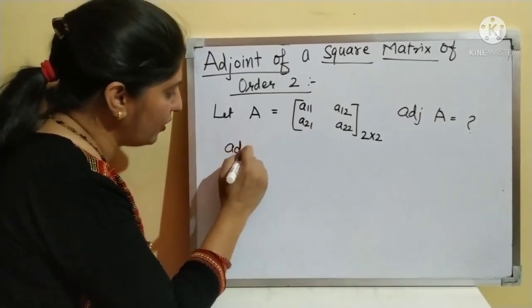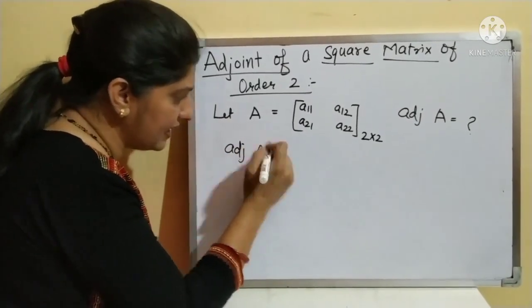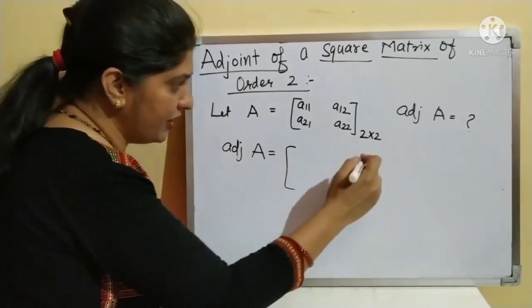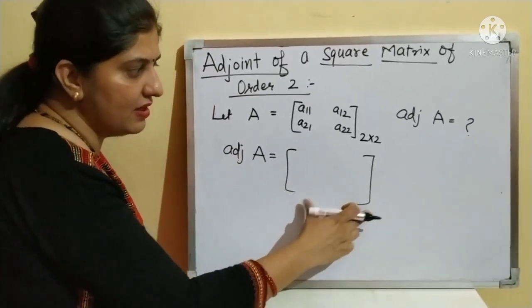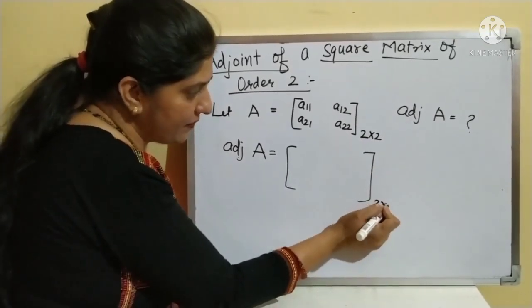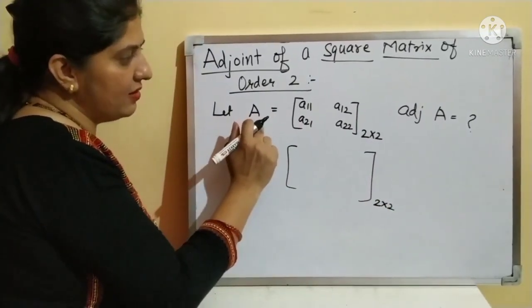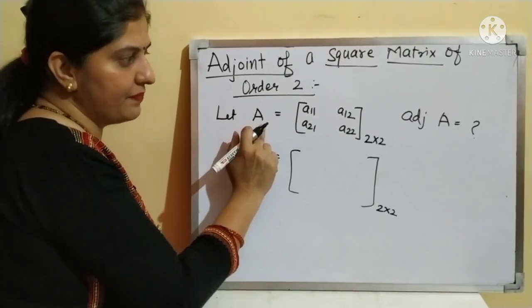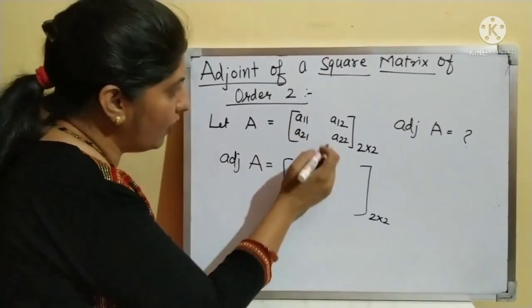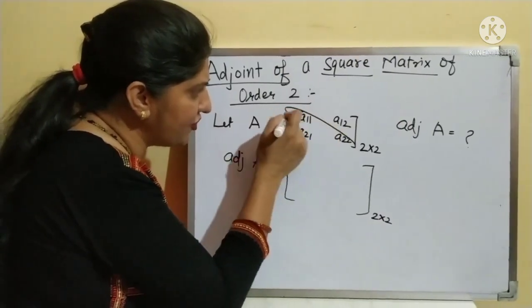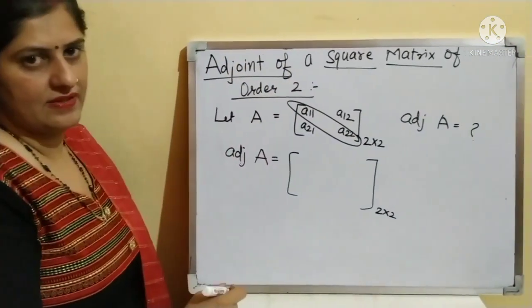For the adjoint of the given matrix A, we know that the adjoint of a matrix is again a matrix of the same order as the order of A. Now we have to just interchange the diagonal elements.